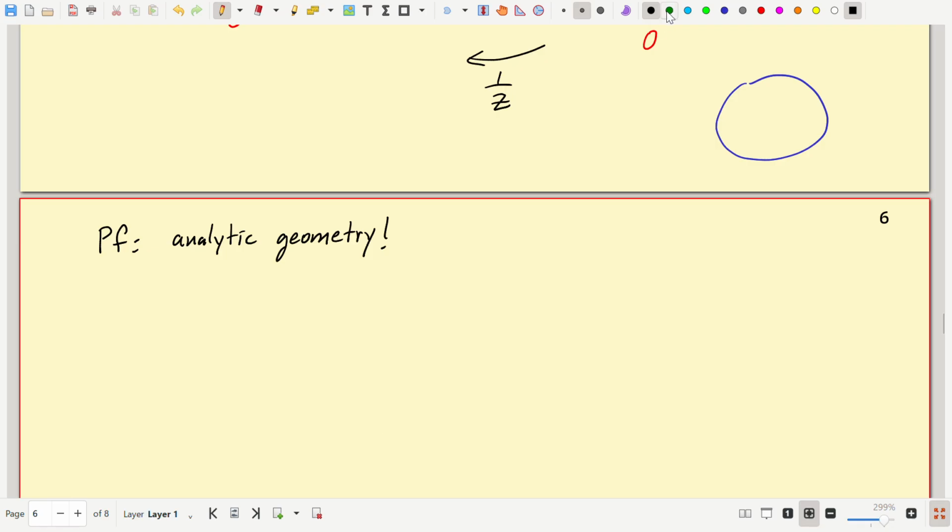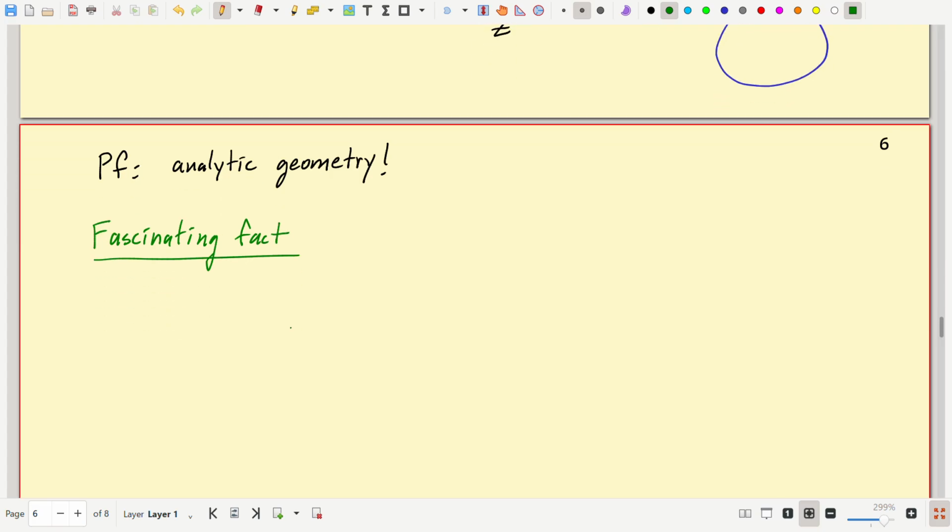Here's a fascinating picture. On the Riemann sphere, lines and circles are all the same thing. So let me draw the Riemann sphere. Remember that we put a sphere on top of the complex plane.